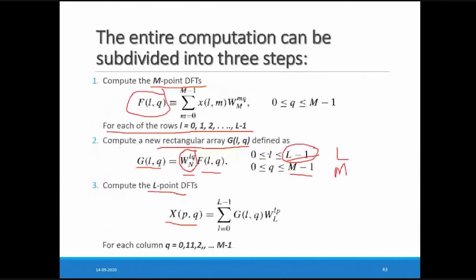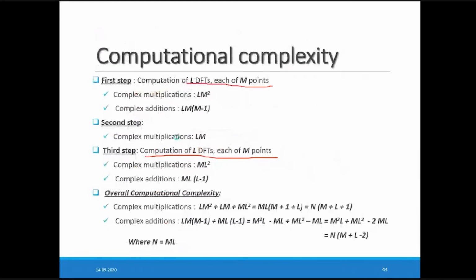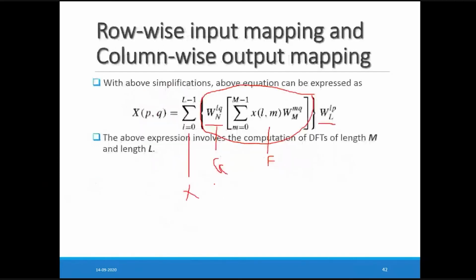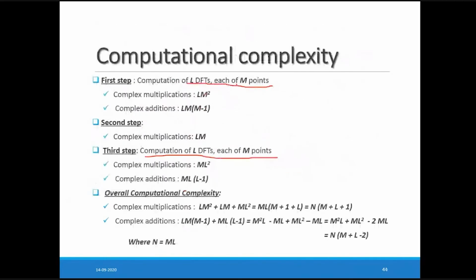So here you can see, okay, so the terms are interchanged. Whatever you are telling. Here M point DFT for L number of. Okay. Just a second. What you want to say here? You are telling L DFTs each of M points, and here M DFTs each of L points. Yes, sir.